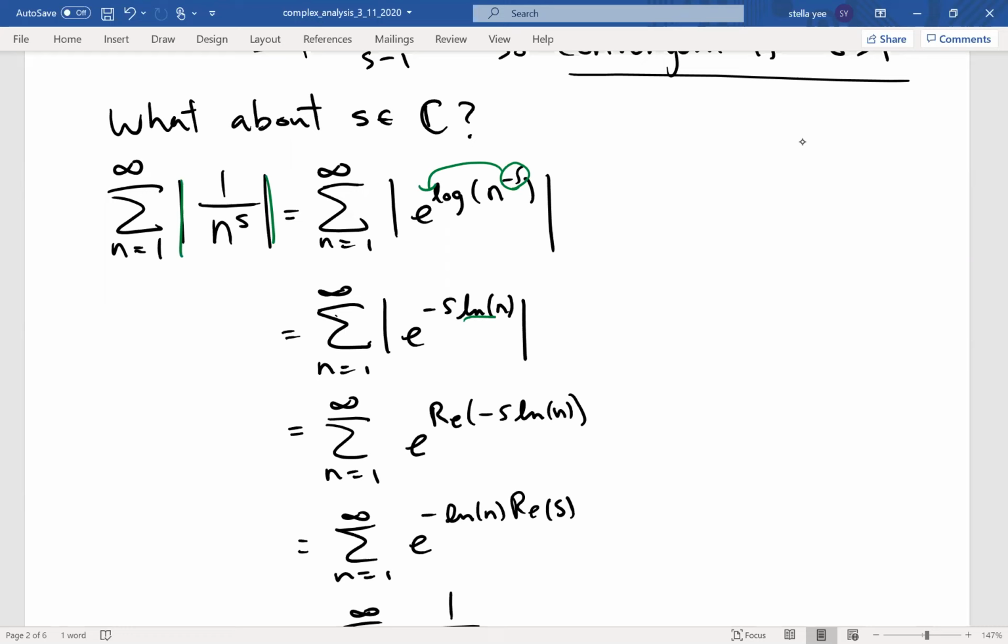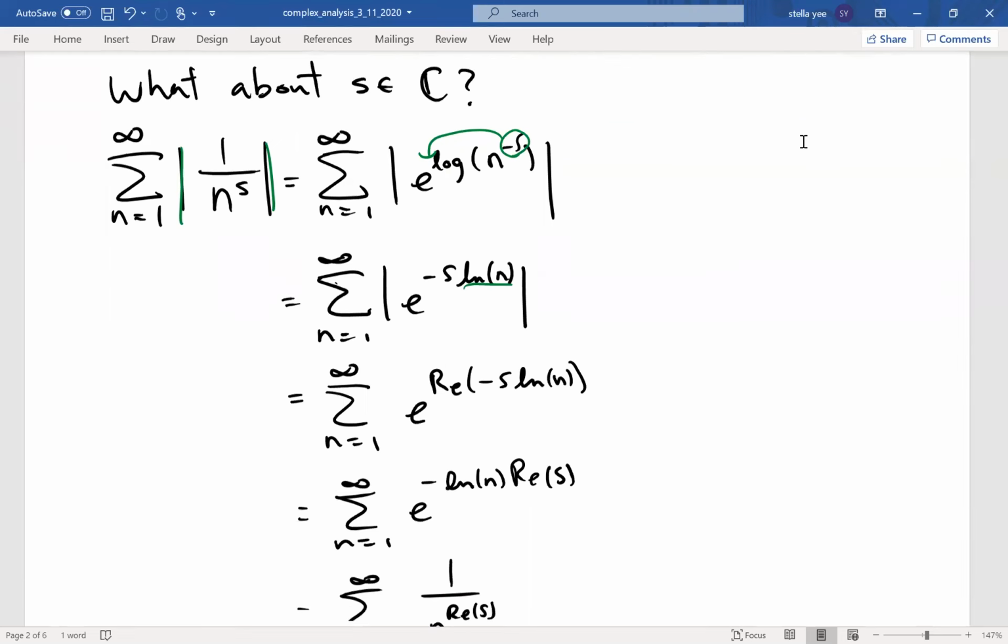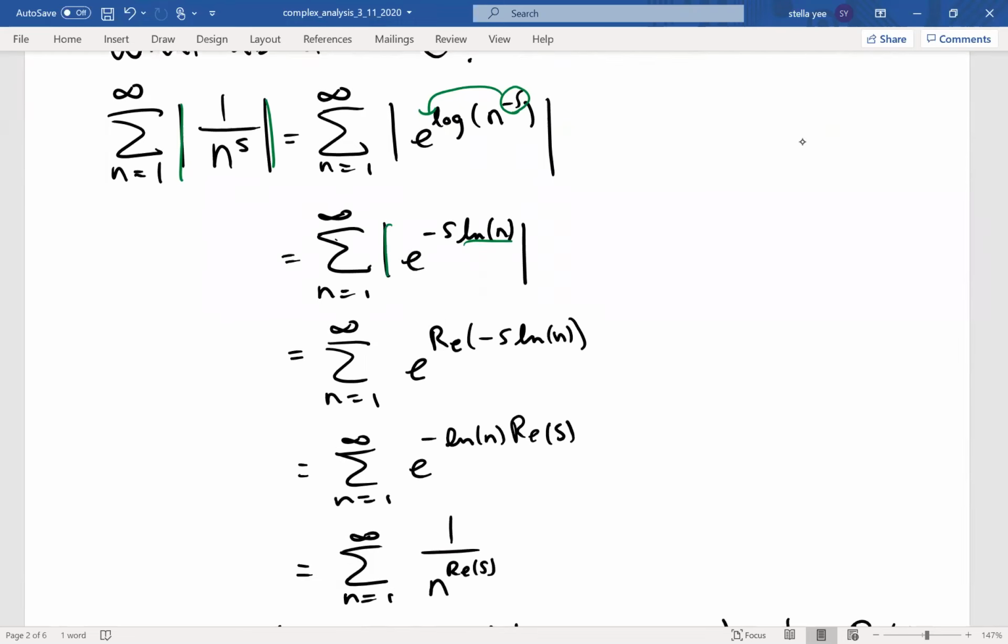And note that now we're taking the log of just positive integers n, right? So the complex log function is just the natural log function at that point for real numbers. And we're looking at the modulus of e to the negative s times the natural log of n. We know that the modulus of the exponential function is given by the real part of the exponent, right? So I rewrite that in the next step.